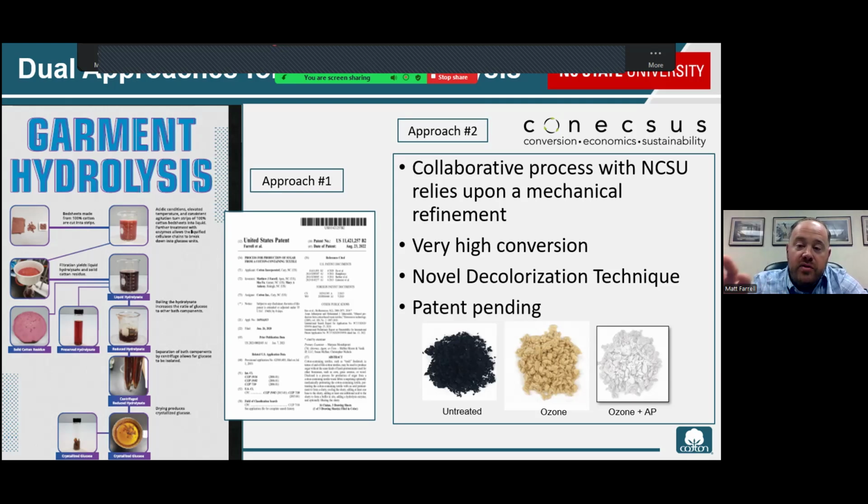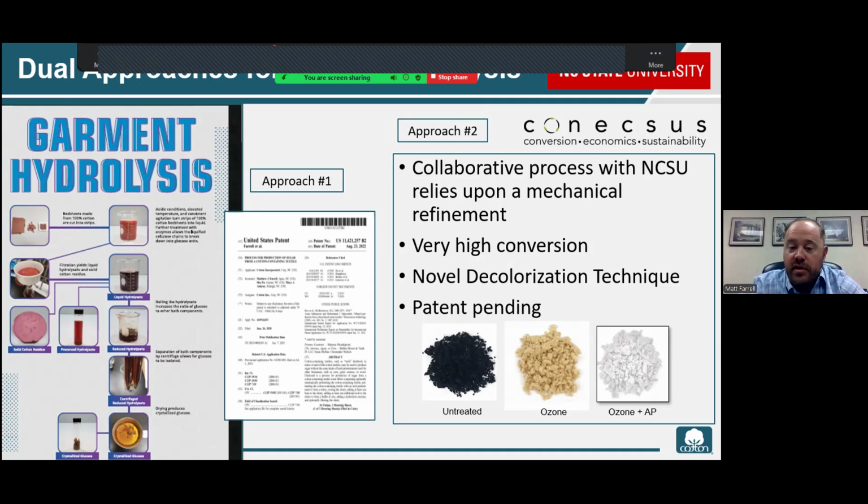But as we move to the right here, I think one of the strengths that the researchers here at Cotton Incorporated have is we're able to interface with researchers, whether they're from government, academia, industry, and really develop close collaborations to leverage research. So what you see here is NC State University has been a great research partner for us.